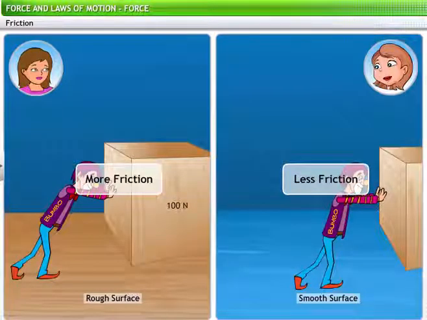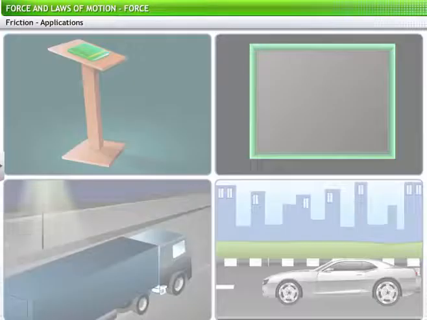That's why, when you try pushing a wooden block kept on a rough surface, you need to apply a relatively large amount of force to move it. Conversely, if you push the same block on a slab of ice, it moves relatively fast. You find friction at work almost everywhere around you.